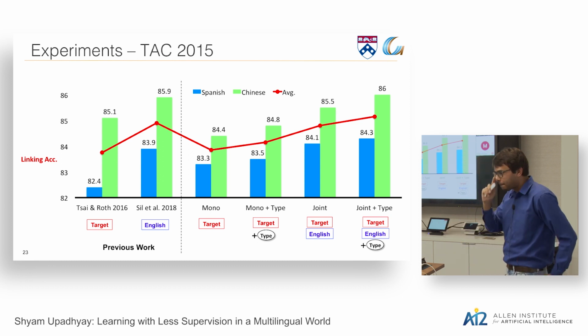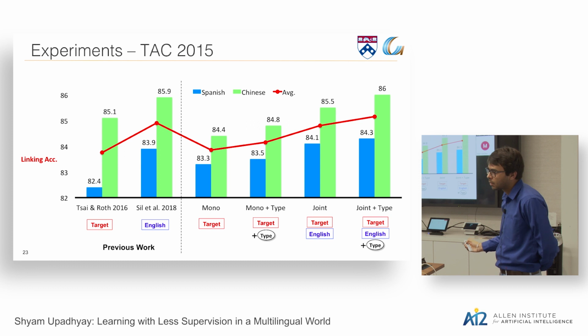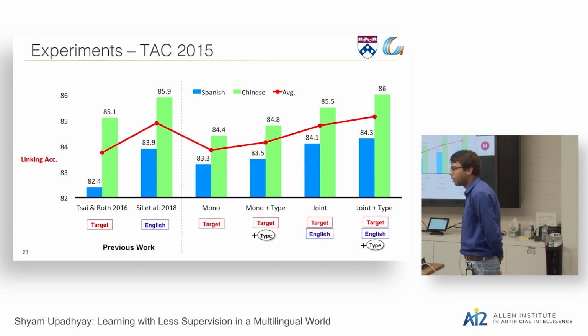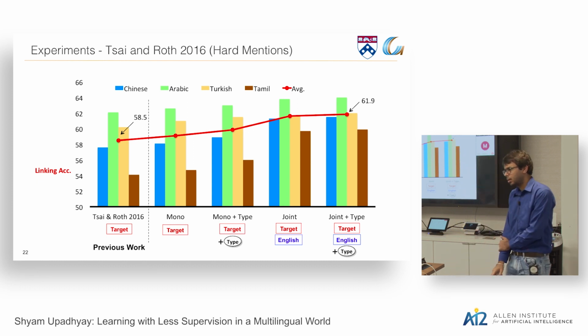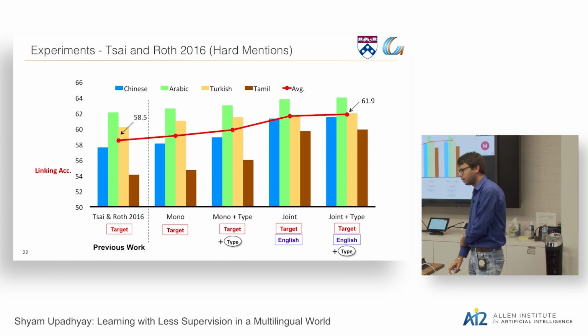I didn't see in your previous slide, but does the multilingual model help more with low resource languages than it does for high resource languages? Sorry, does the joint model help more with languages like Tamil and Turkish and Arabic than it does for, say, Spanish? So again, I think when you are comparing 2 languages, it's not going to be a fair comparison, right?